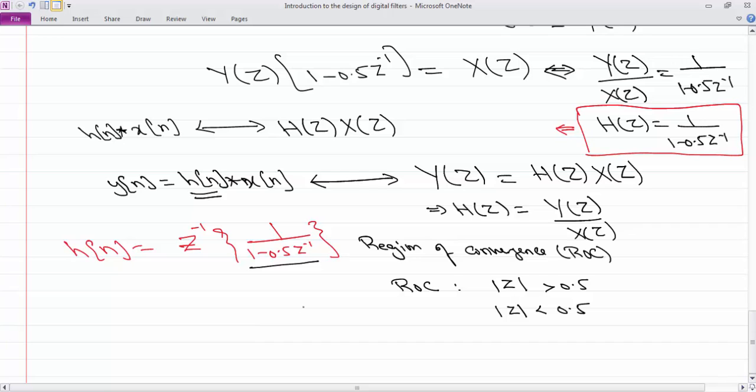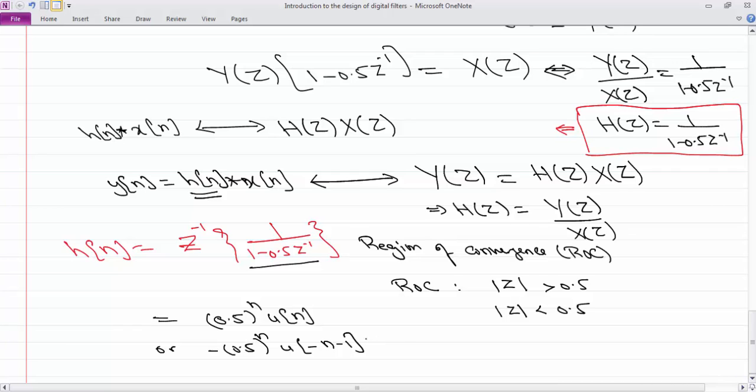If you remember your Z transform pairs, then the inverse Z transform of this is either 0.5 to the n u[n], or it is minus 0.5 to the n u[minus n minus 1].